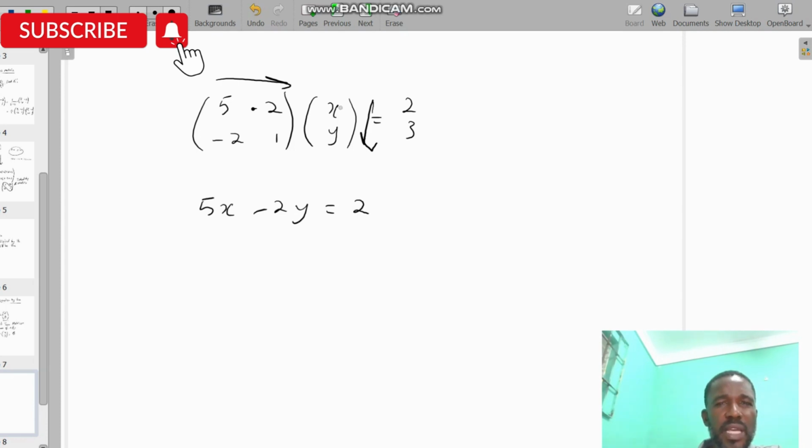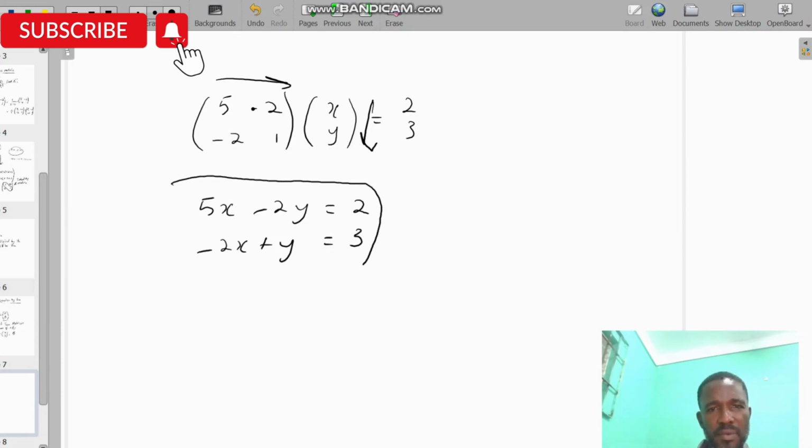And -2 times x will give you -2x, and 1 times y will give us y, is equal to 3. So basically here we have a pair of simultaneous equations.